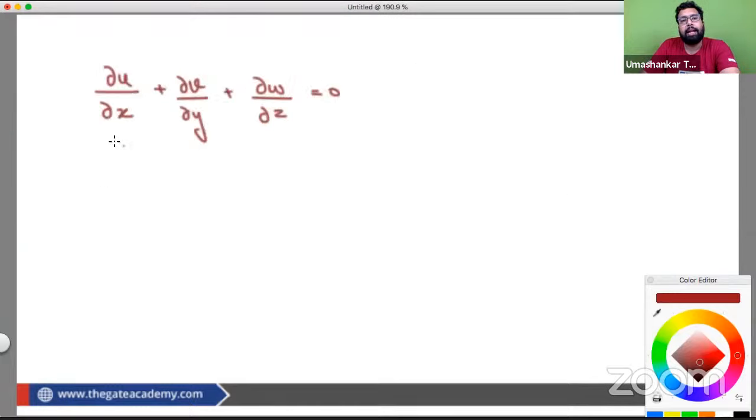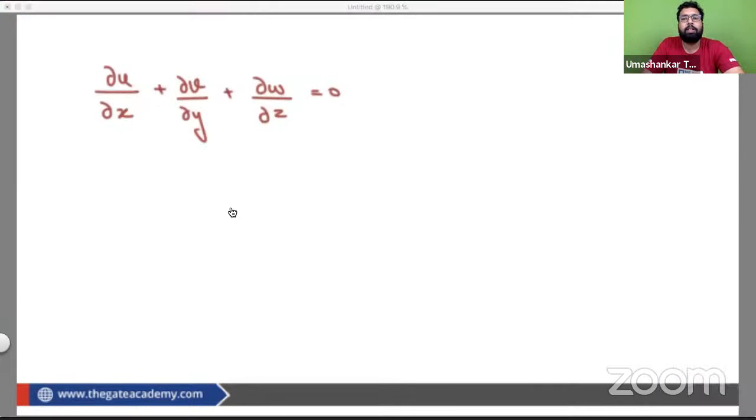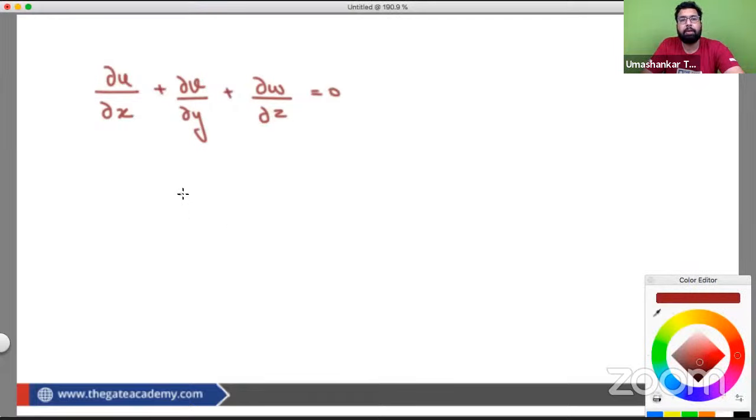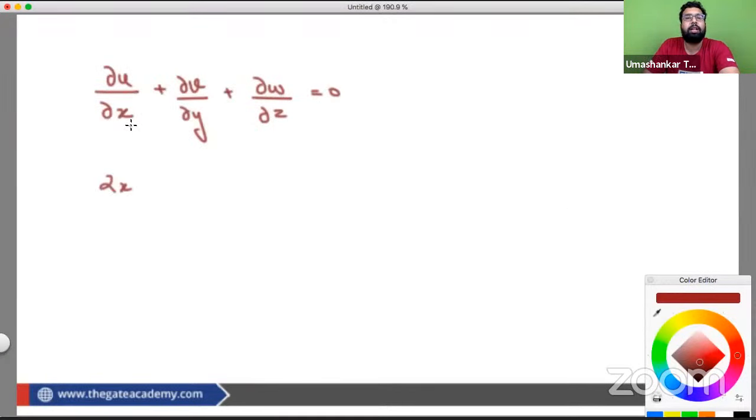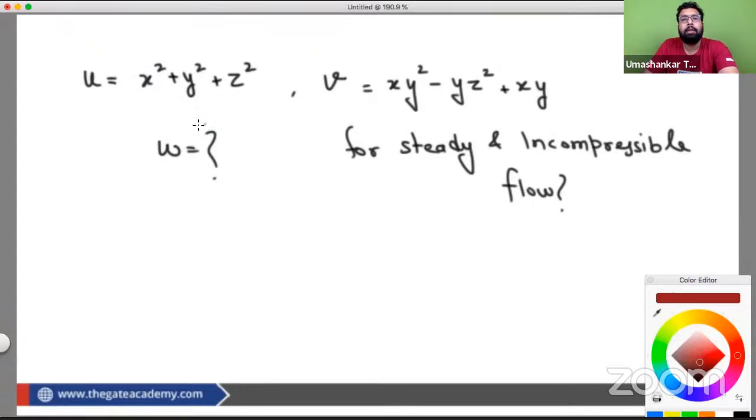So del u by del x we can put here. This is a partial differential thing. When we put u here, we'll be getting 2x, because we are differentiating partially with respect to x.